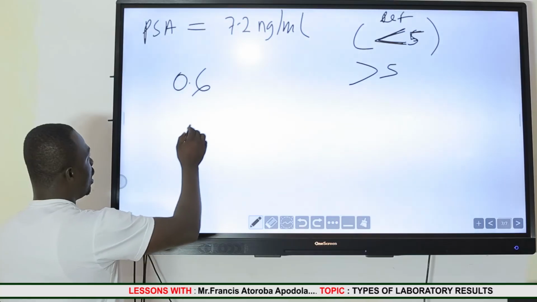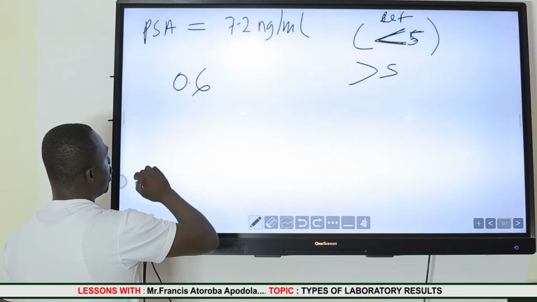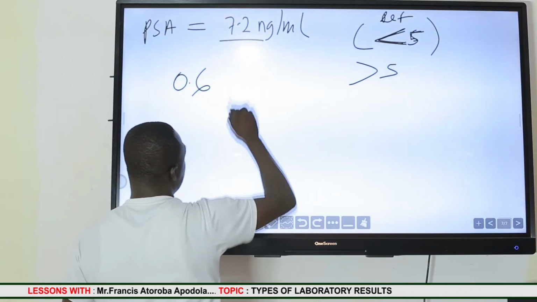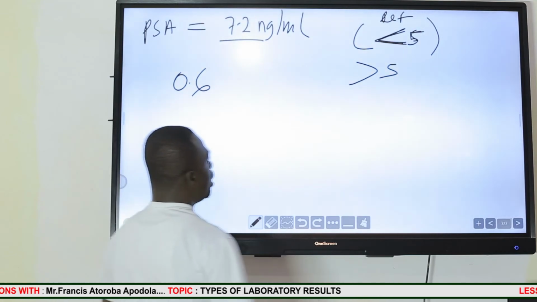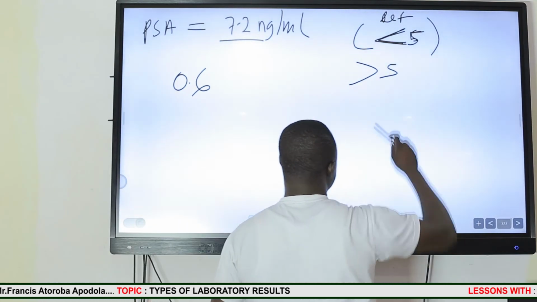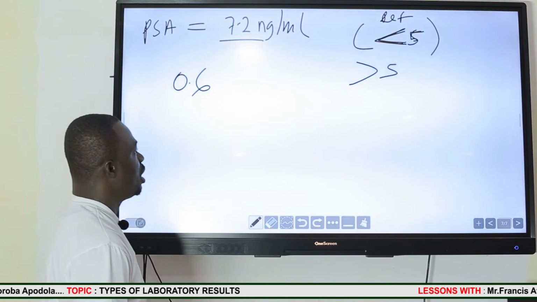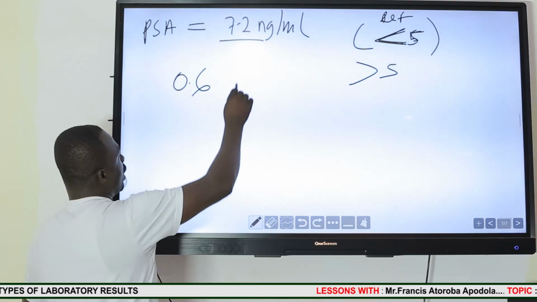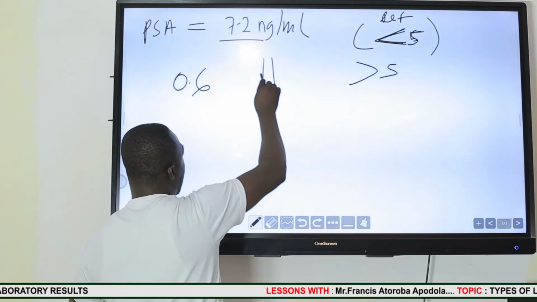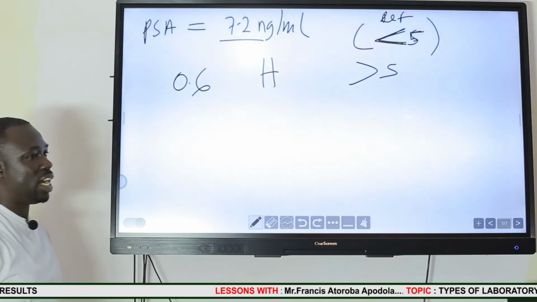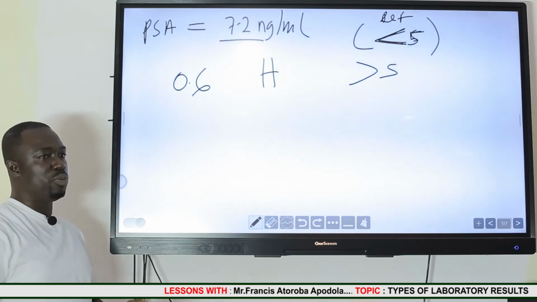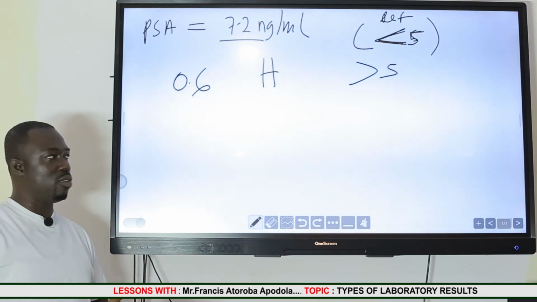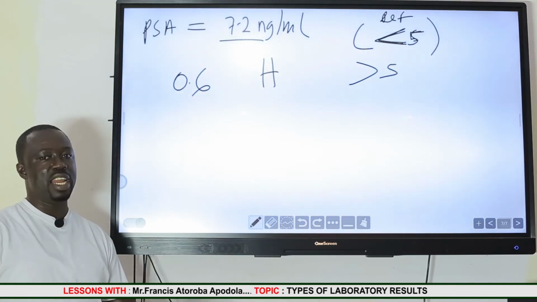But when you take a test result of, say, 7.2 for this particular patient, 7.2 is actually greater than 5. And that means the test result is abnormal, and that abnormality is what? High. So that is basically how we are able to make an interpretation of the test result as either normal or abnormal.